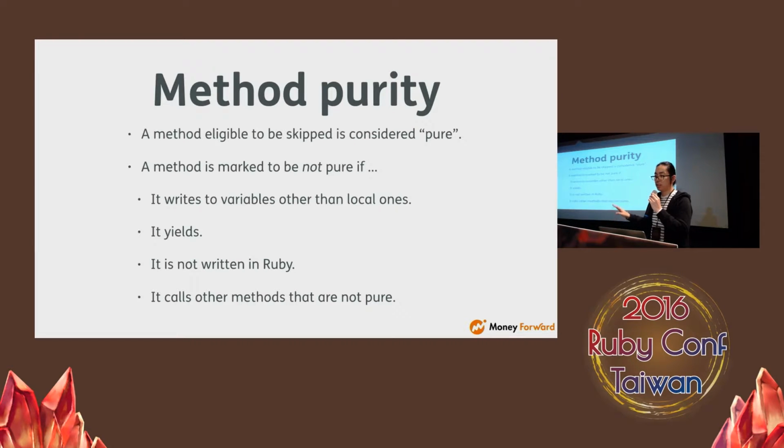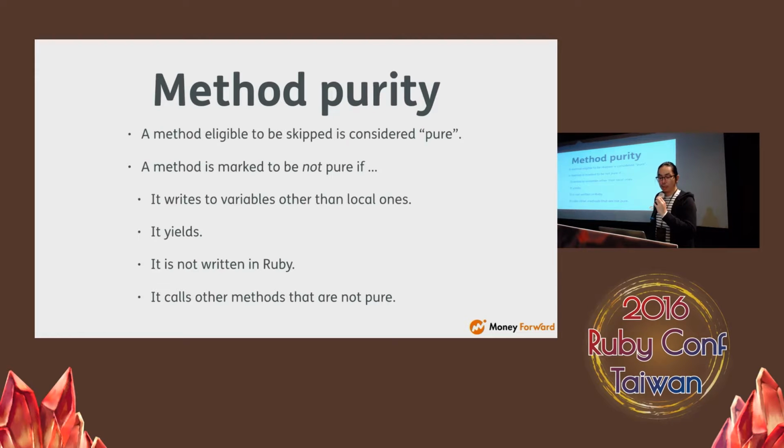The block might have side effects, so the block calling method itself is not pure. Also, when the method is written in C, that C function might be pure, but we cannot detect if the C function is pure or not. So we err on the side of caution, and everything written in C is categorized not pure.